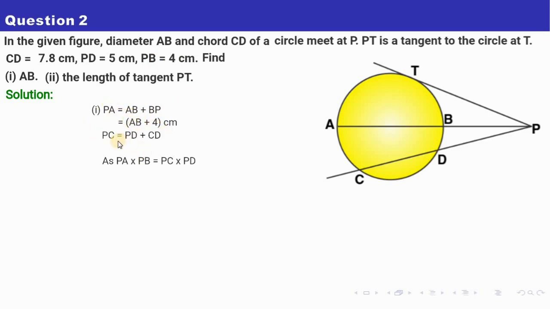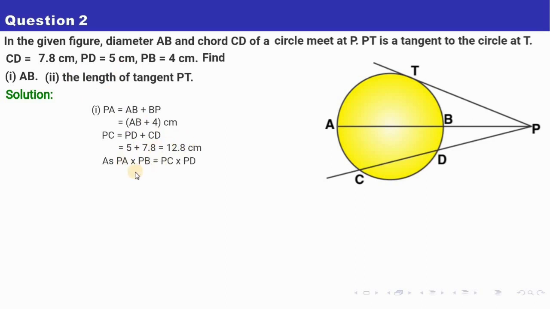And we have PC. PC can be written as PD plus CD, and we know the value of both. PD is given to be 5, and CD is given to be 7.8. After adding, I'll get 12.8 centimeter.